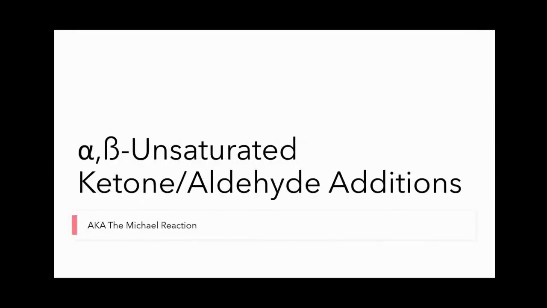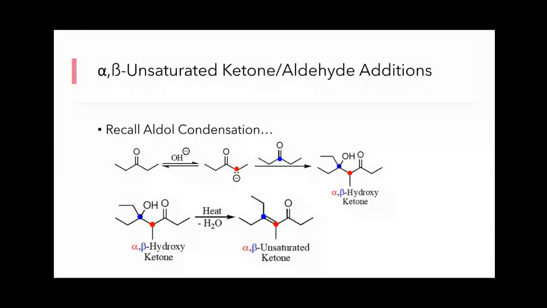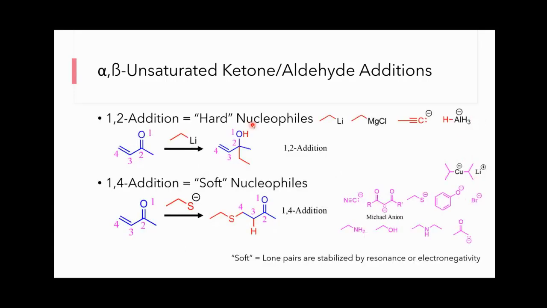Alright, so alpha beta unsaturated ketone and aldehyde additions. I don't know if your professor calls it this, but it's also known as the Michael reaction. So here with aldol condensation, it's when an enol reacts with another carbonyl.